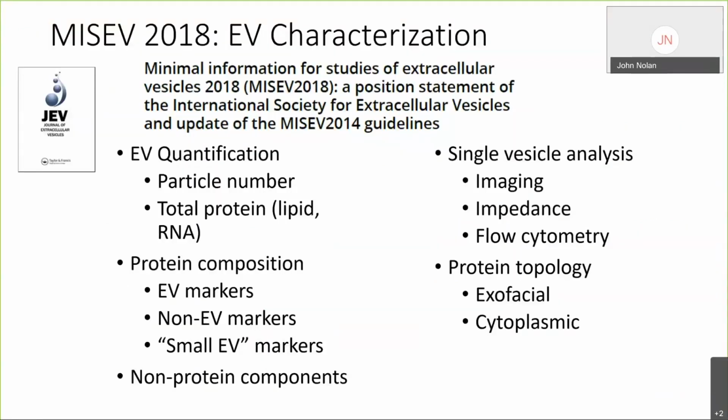ISEV is addressing the broader issues of reproducibility by laying out guidelines for what to report. Most of these focus on conventional biochemical analysis, Western blots, ELISAs, etc. A few mentions of single vesicle analysis, but it's an emerging area, so hard to be definitive about recommendations there. So it's a gap that we're looking to fill.